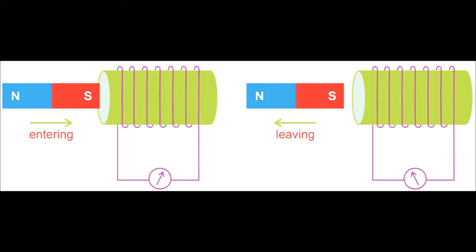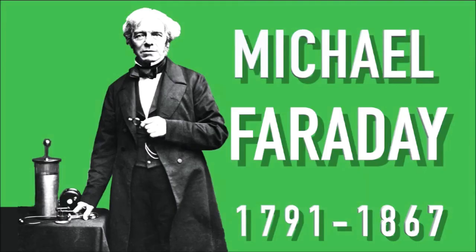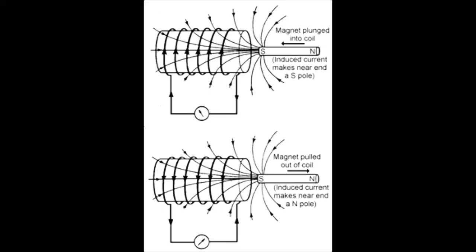This important discovery was made by a great English physicist, Michael Faraday, who said that moving magnets can generate electric currents. Now he found that we can generate electric current through moving magnets. Let us know what the effect is.